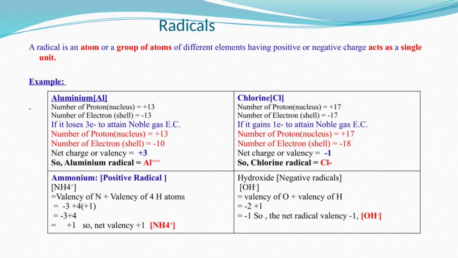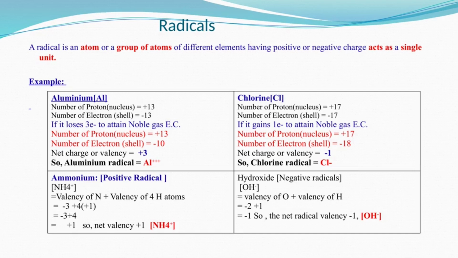Okay. So on the other side, an example of the hydroxide or negative radical is given, that is OH minus, the valency of oxygen plus the valency of hydrogen. The valency of oxygen is minus 2 and the valency of hydrogen is plus 1. So as a whole it will have minus 1.